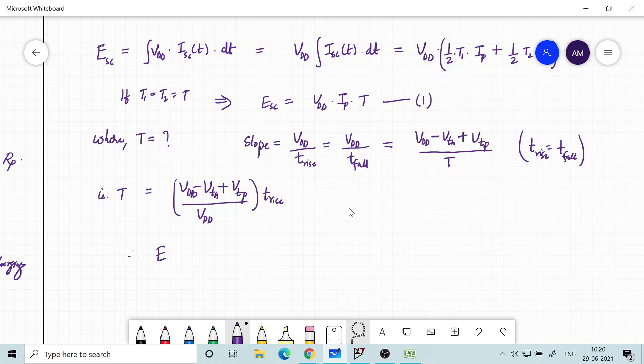So the short circuit energy dissipated is VDD into IP into VDD minus VTN plus VTP, divided by VDD into T rise. I can put T fall also because they are treated as equal. So this VDD will get cancelled.